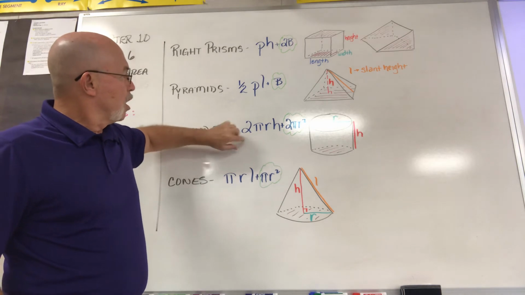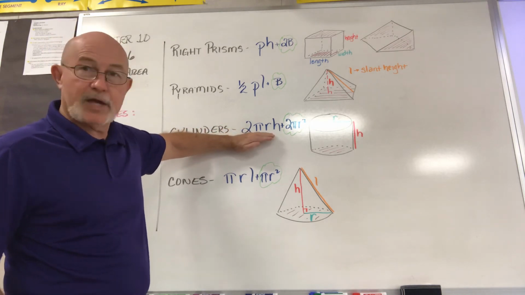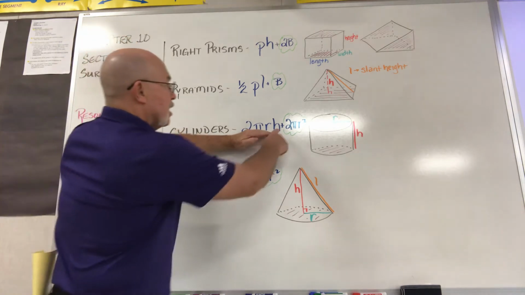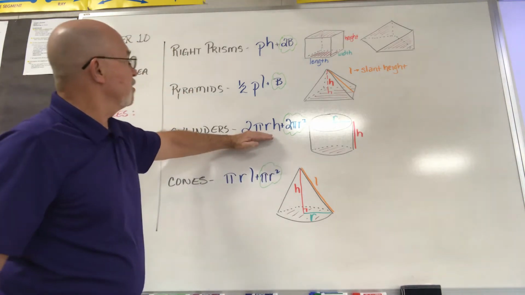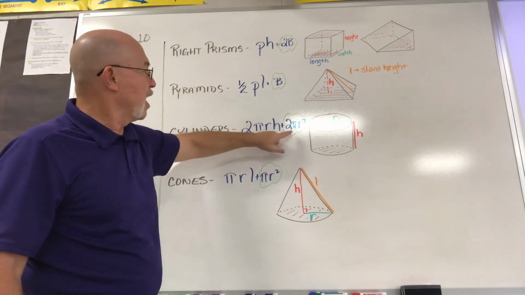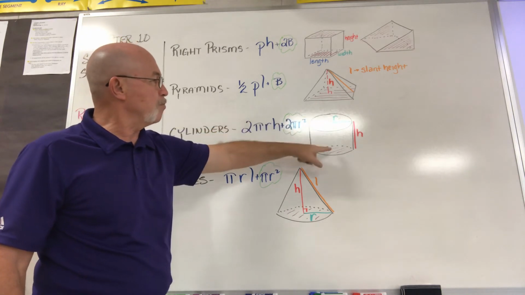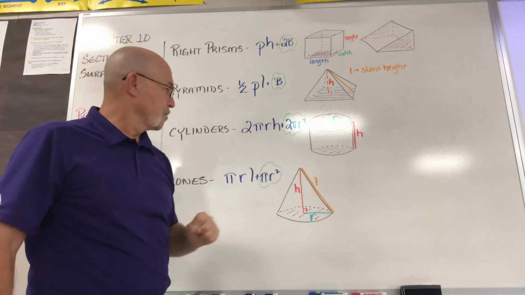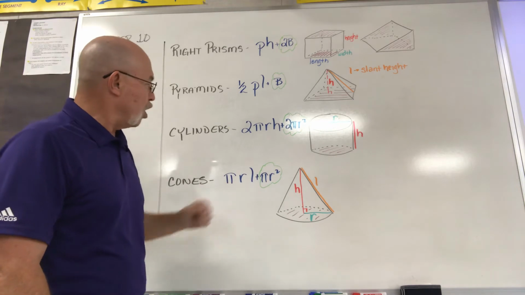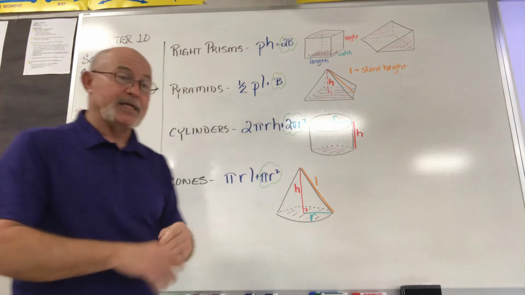So we're going to say 2 pi r, circumference, times the height. That's just like saying perimeter times height. Same thing. And we're going to add the area of the two bases, pi r squared plus pi r squared. The cone, like the pyramid, only has one base.